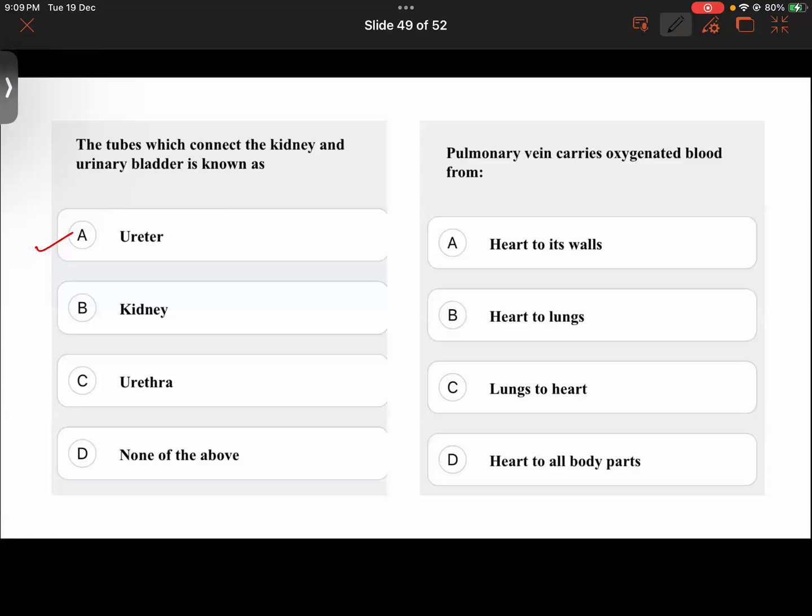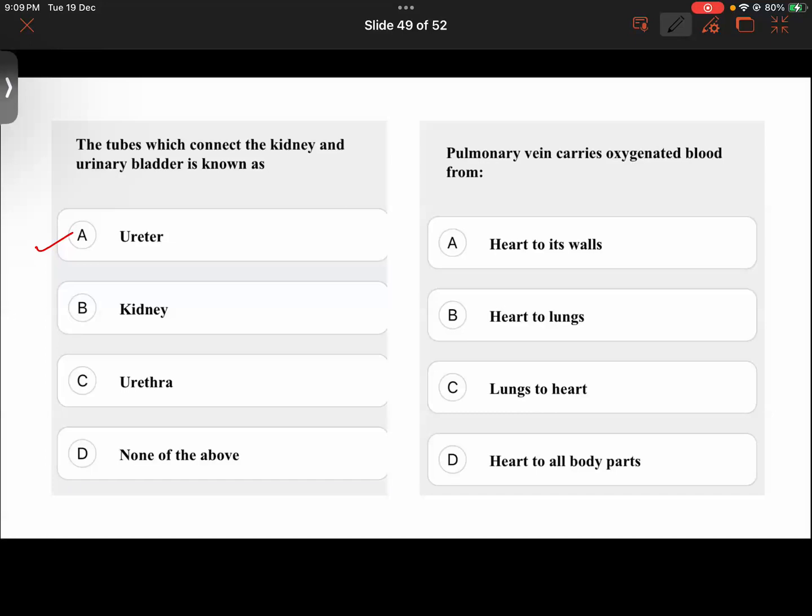Pulmonary vein carries oxygenated blood from where to where? From the lungs to the heart.